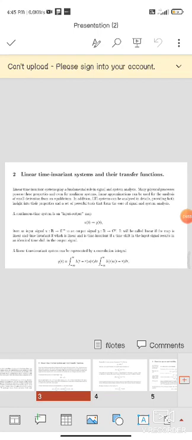Here we can see the convolution integral: y of t equals the integral from minus infinity to infinity of h of t minus tau times u of tau d tau, which equals the integral from minus infinity to infinity of h of tau times u of t minus tau d tau.